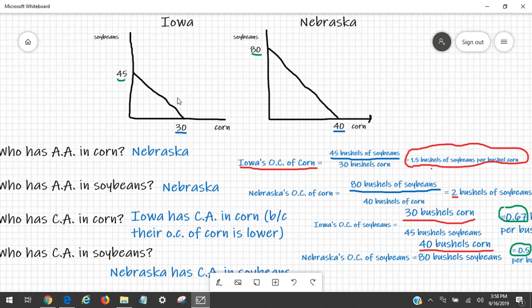So one of the usages of this model for economists is to demonstrate graphically or numerically that trade benefits everyone, or trade benefits both parties. That was one of our early principles we talked about in chapter 1. We said that everybody can benefit from trade. So this model is one way of showing that. So in the next video, I will show you how you can see the gains from trade using these PPF models.